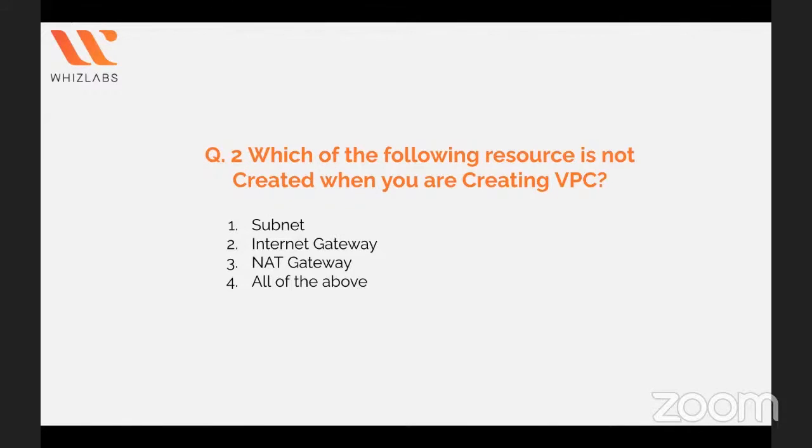Is a Subnet created when you are creating a VPC, or is an Internet Gateway or a NAT Gateway created, or are all of the above not created? Read the answers carefully, as it is asking which of the following resources is not created when you are creating a VPC. Is it Subnet, Internet Gateway, NAT Gateway, or all of the above? 20 more seconds to go for this.